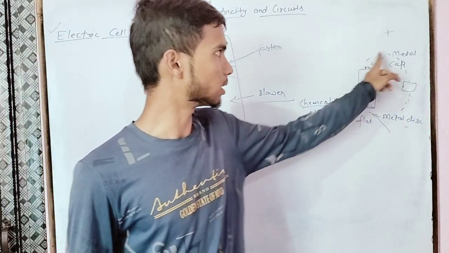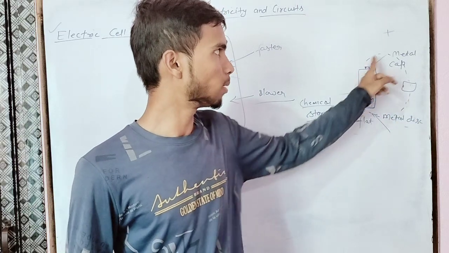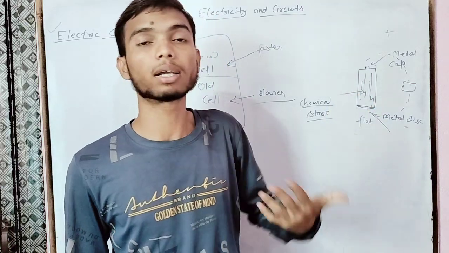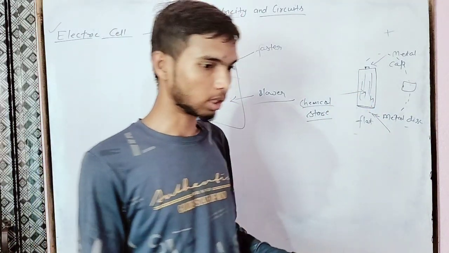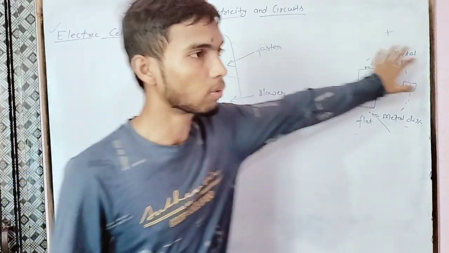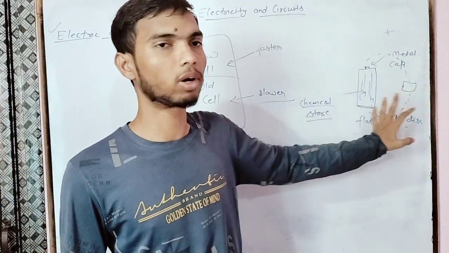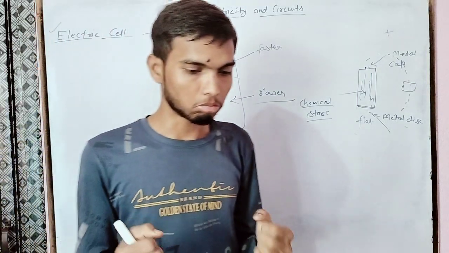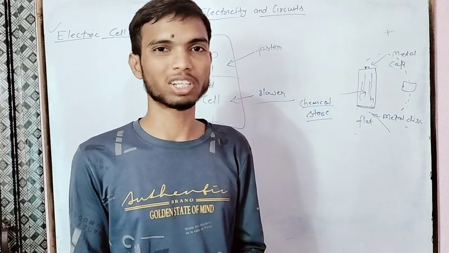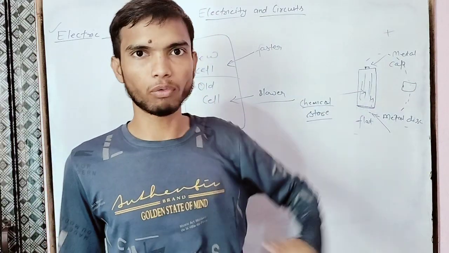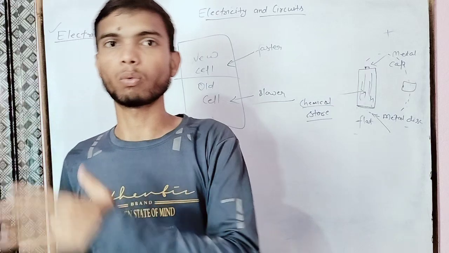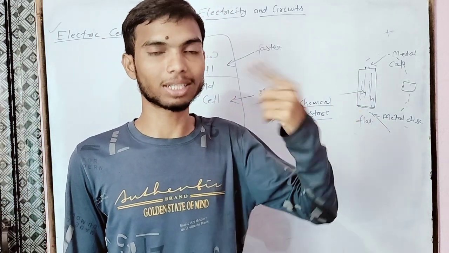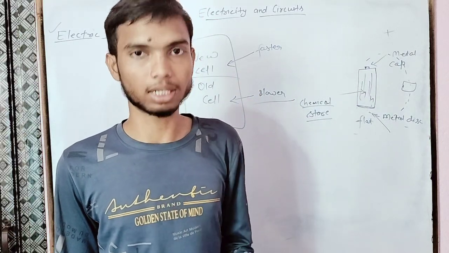That's how the electron works. And the electron will work when there is chemical storage. When the chemical storage ends, then the electron will not work. If there is fresh chemical storage, then the electron will work much faster. So it depends on the chemical storage inside the electric cell.